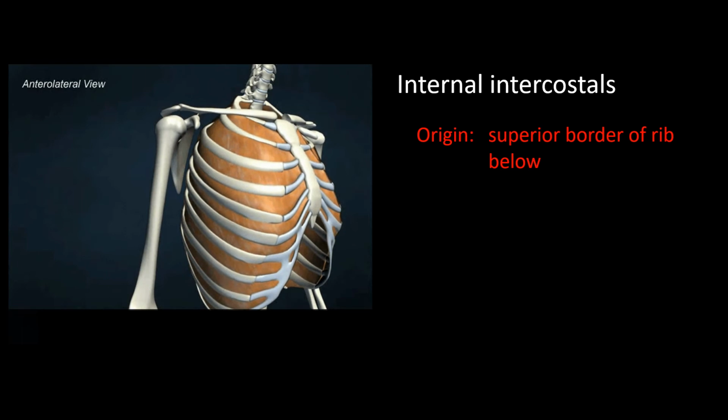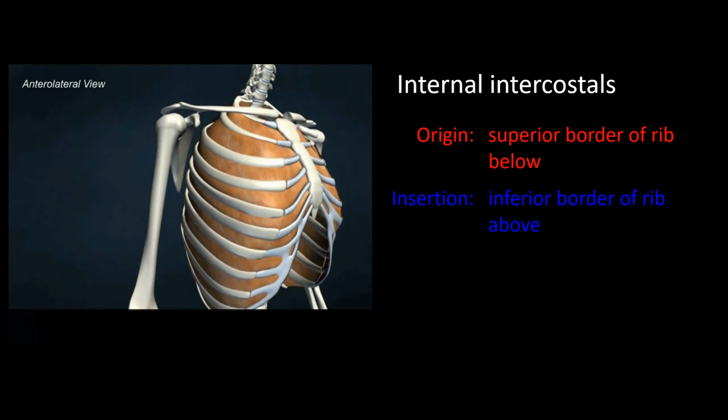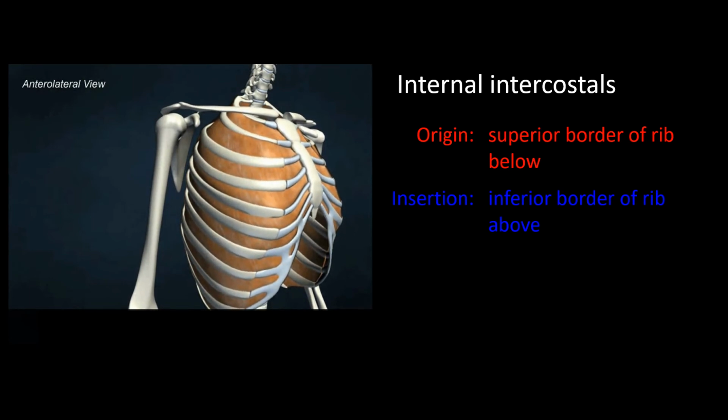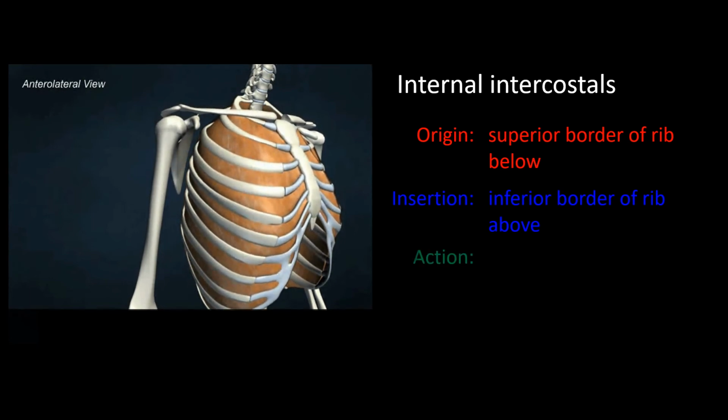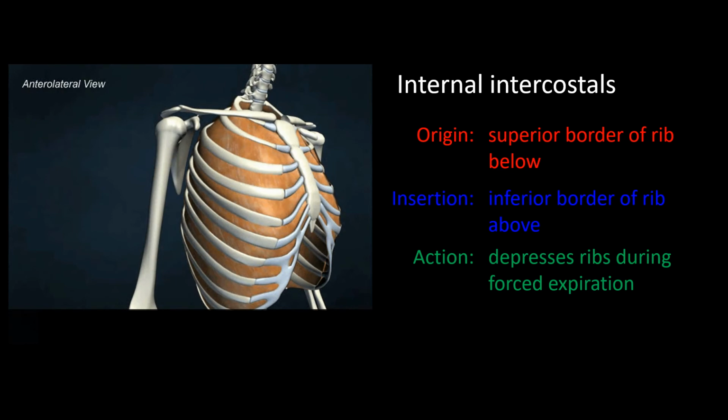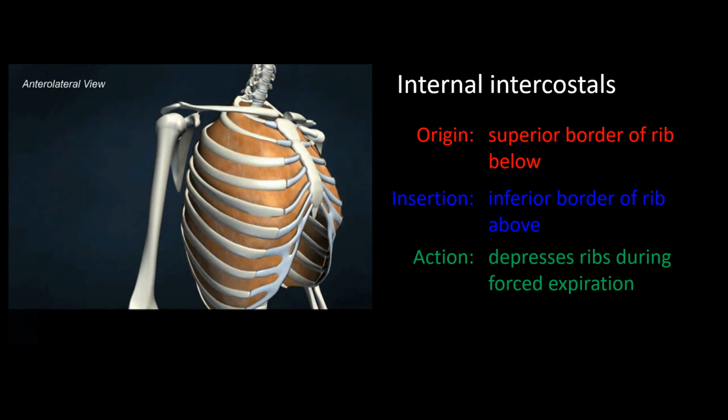So your non-moving point is the rib below, and the insertion point is the inferior rib border of the rib above. Now this means instead of elevating the ribs, the action of the internal intercostals is going to be to depress the ribs, and this will happen during forced expiration.